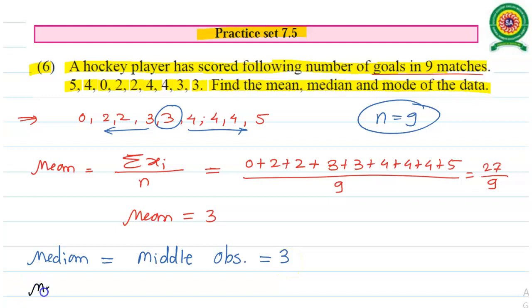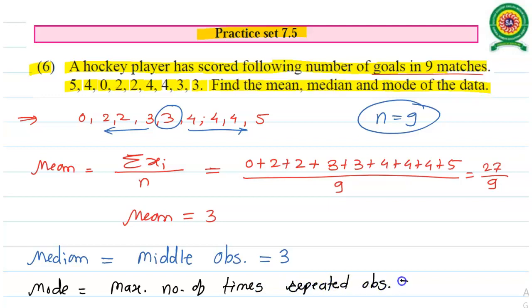Now for finding the mode, mode is nothing but the observation repeated the maximum number of times. Now check which observation is repeated the maximum number of times.